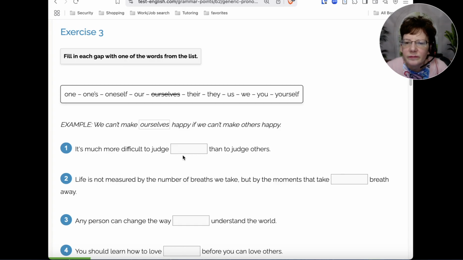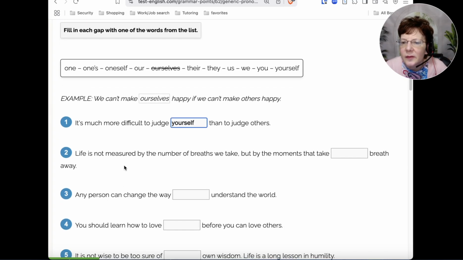Okay, what sounds like it goes? So, all right, so if you chose the reflexive pronoun yourself, that looks like it would be appropriate. Yourself, right, then to judge others. Or we can say oneself, but we'll see.